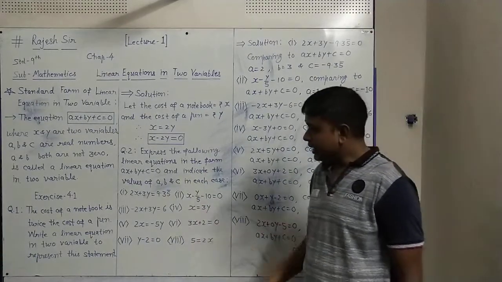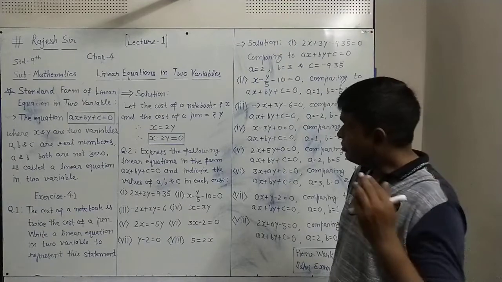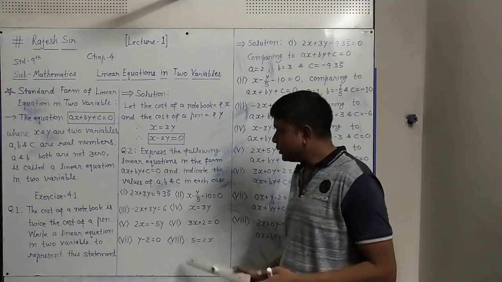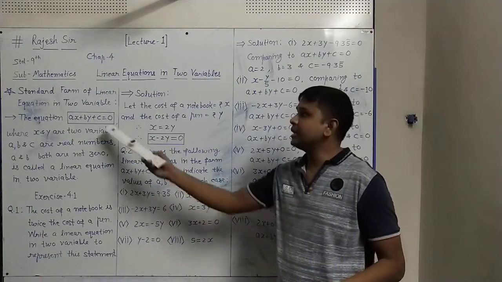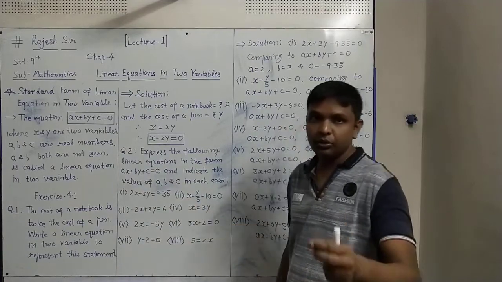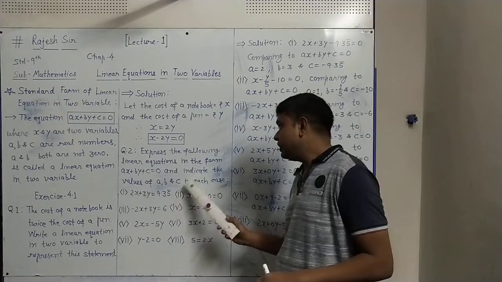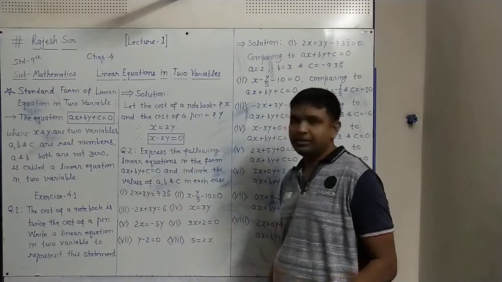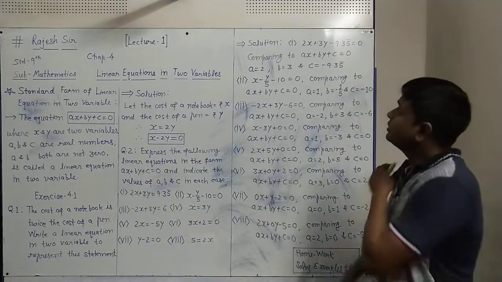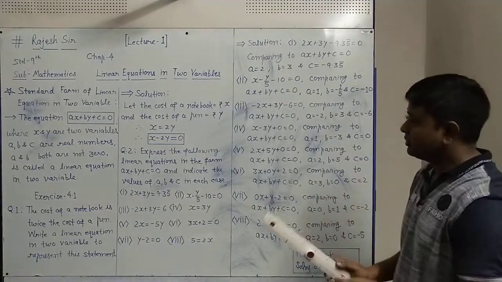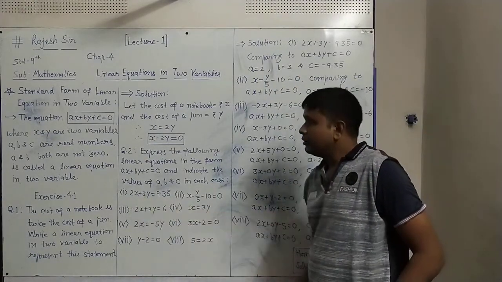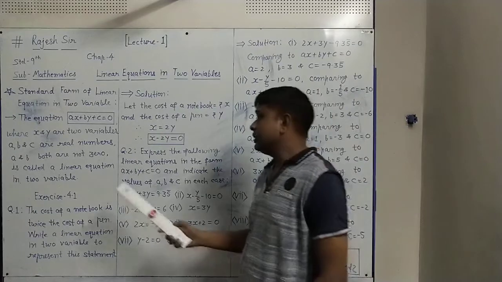So in all these 8 equations, what to do? We have to write all the equations in this form, that is standard form, ax plus by plus c equal to 0. And writing in this standard form, we have to indicate the values of a, b and c. So solution 1, the equation 1, what is the standard form? Again you see carefully.